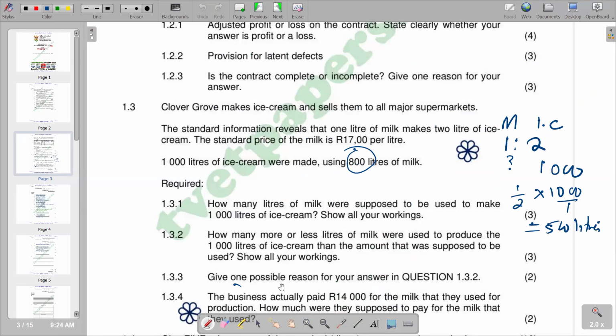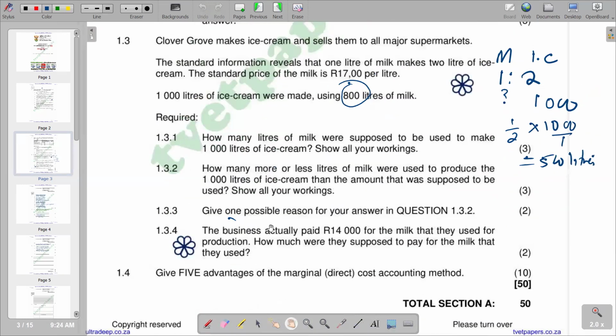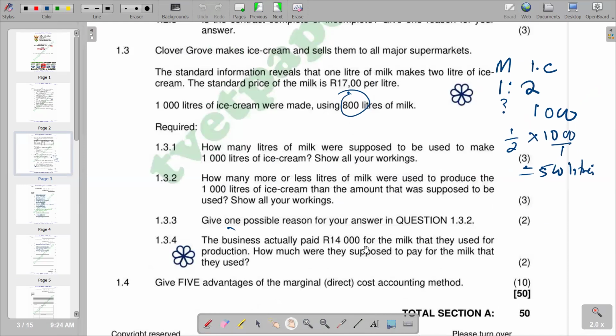Then 1.3.4, the business actually paid 14,000 rands for the milk that they used for production. How much were they supposed to pay for the milk that they used? So we know that it's 17 rand per liter, and they used 800 liters.